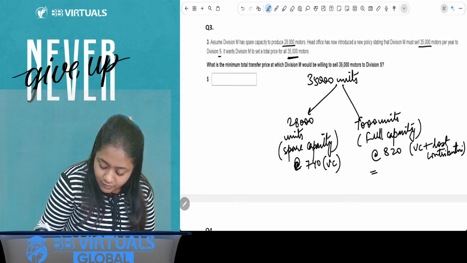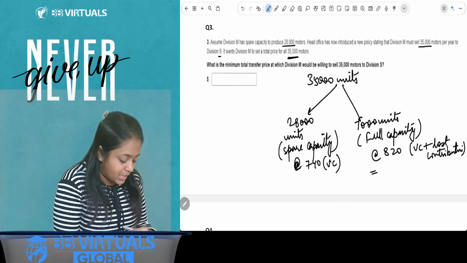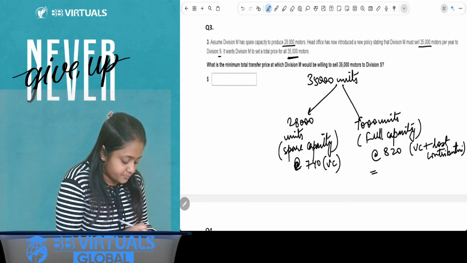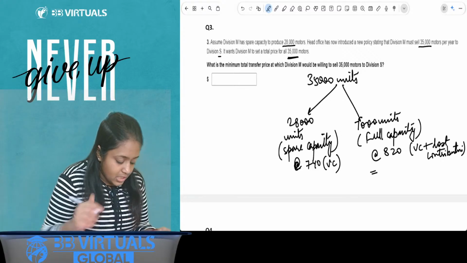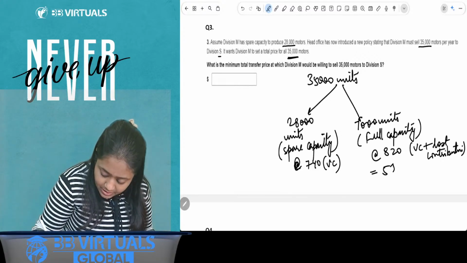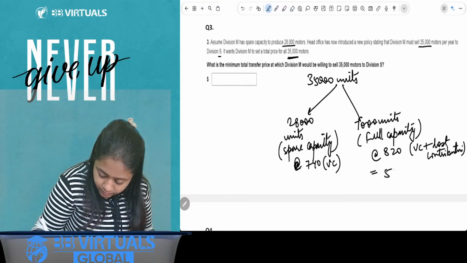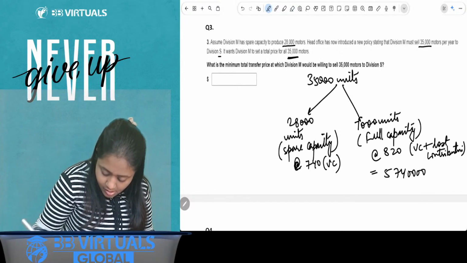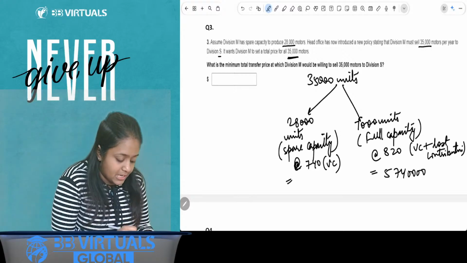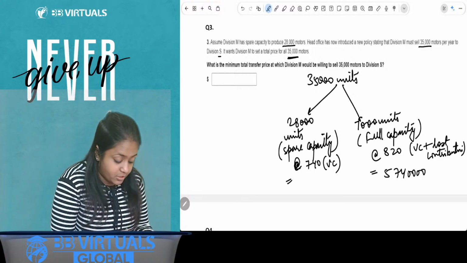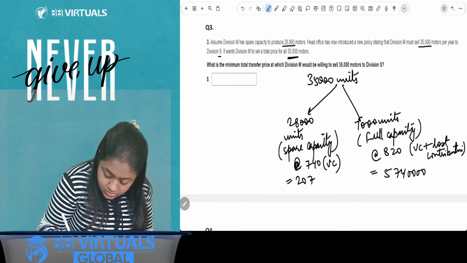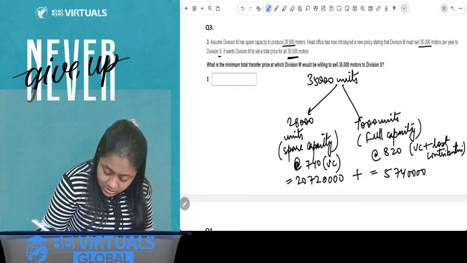So here the value will be 7,000 into 820, which is 5,740,000. And here it would be 28,000 multiplied by 740. So it will be 20,720,000. Now we can add the two.